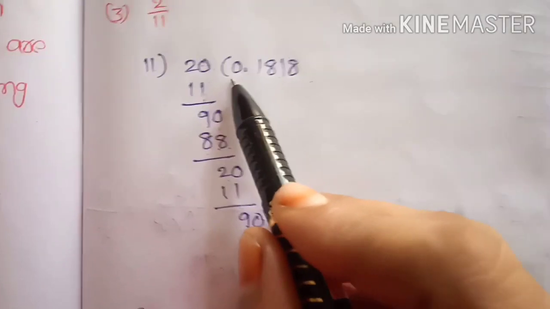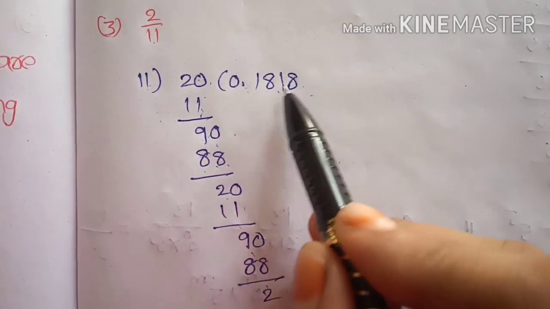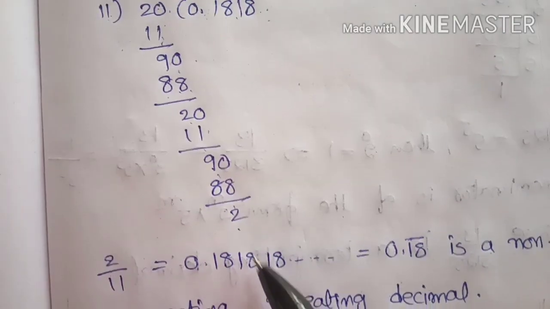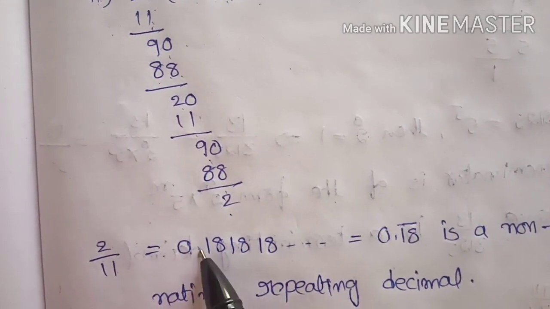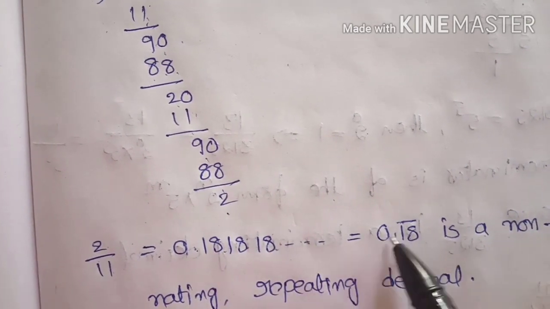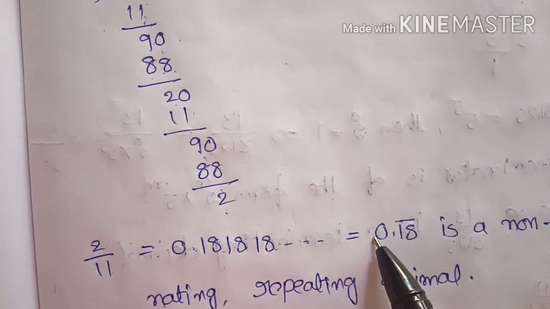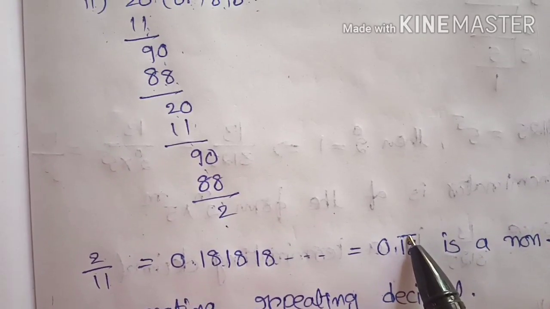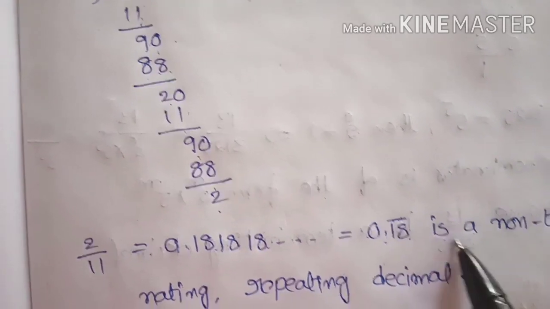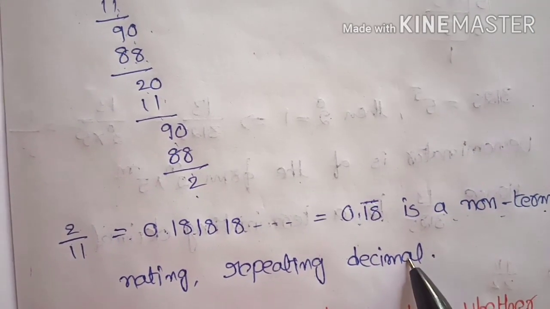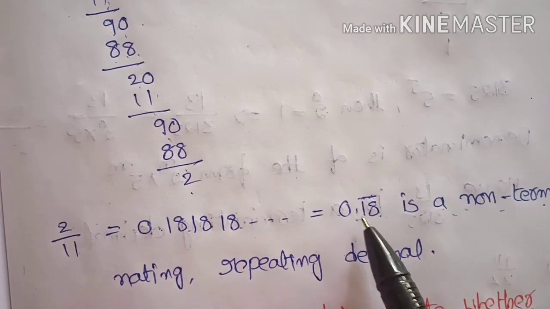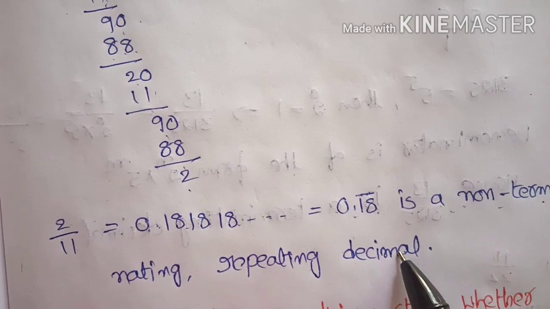Then what is the answer? 0.1818 and so on, repeating. Then 2 by 11 is equal to 0.181818 and so on. Then 0.18 bar is a non-terminating repeating decimal.